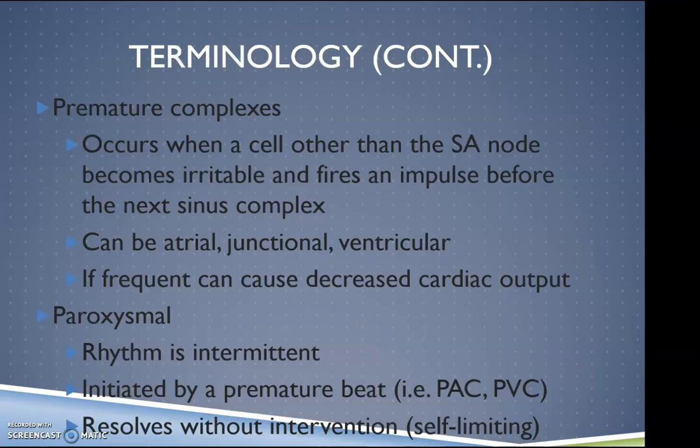This means the rhythm is intermittent and resolves without any intervention, or another way to say that is self-limiting. Paroxysmal rhythms are initiated by premature beats, either a premature atrial contraction or a premature ventricular contraction, which we will call PAC or PVC.